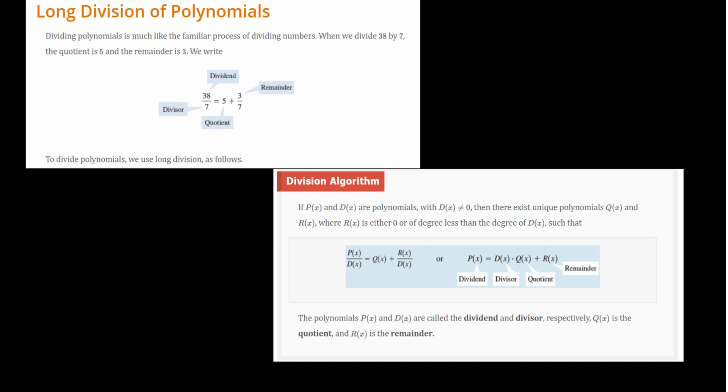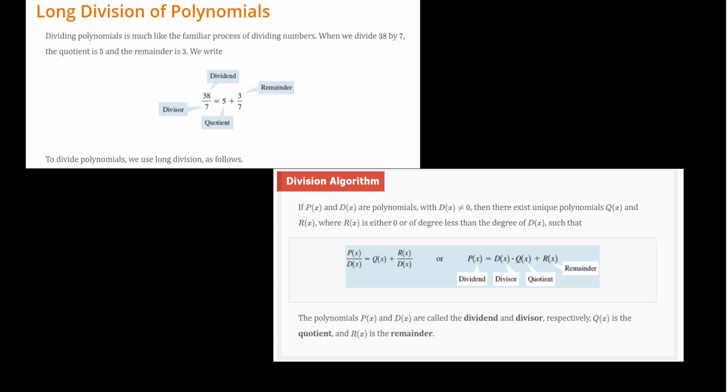Looking at the anatomy here, we have the dividend, the number that is being divided, which is 38, and the divisor is the number that we are dividing by. And then of course the quotient is your whole number, what you have when you divide the dividend by the divisor.